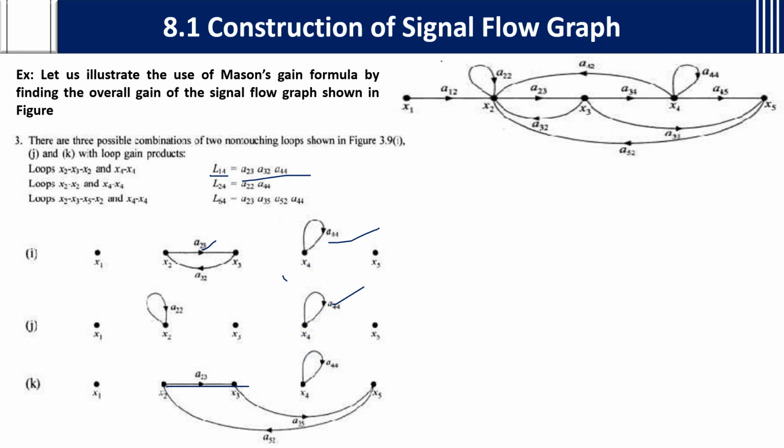The touching loops we have not considered. This loop is touching this loop, so we have not considered it. Again this loop is touching here, like that. Loops which are not touching each other, those we need to consider. So we have got three non-touching combinations.